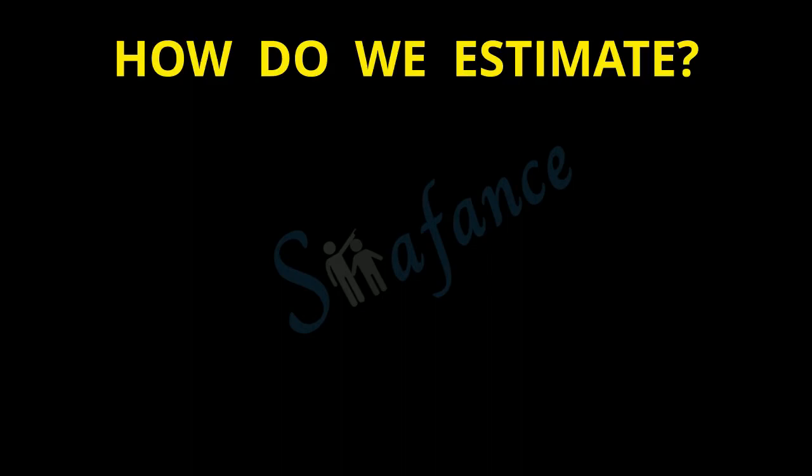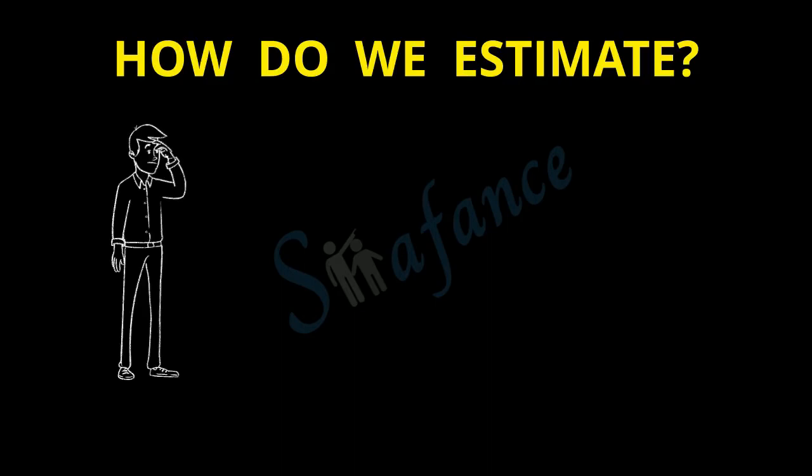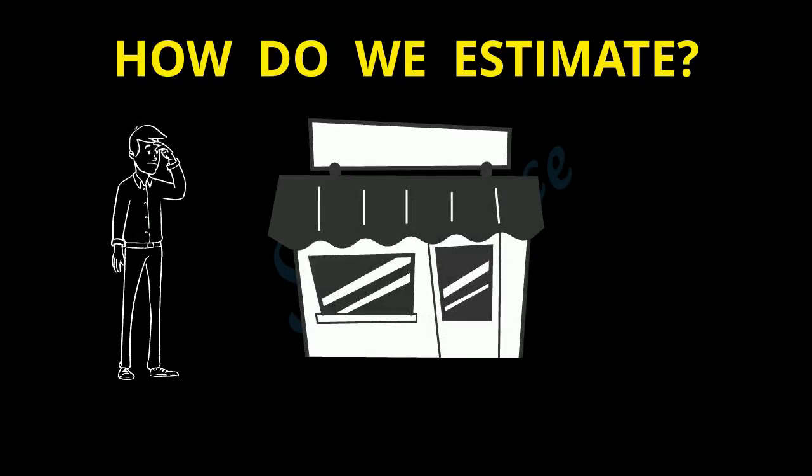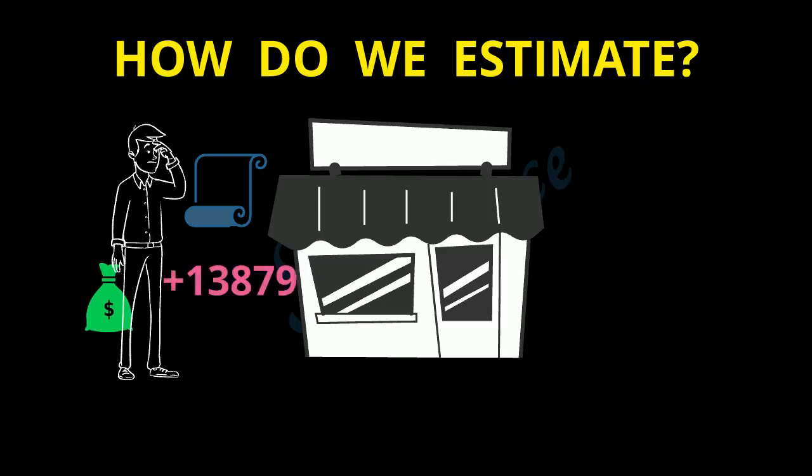Now let's discuss one more scenario. There is a shopkeeper who has closed his shop in the evening, and now while going back he wants to know how much money he has earned in the day. Then he opens up his diary and he sees there are only 2 transactions made in the day. From one person he has collected 13,879 rupees.